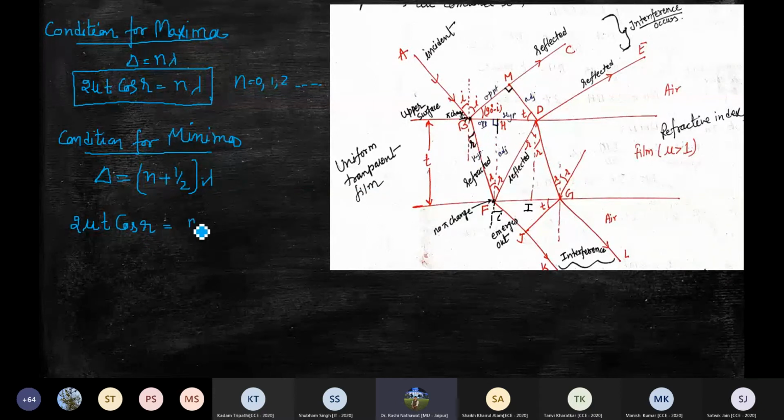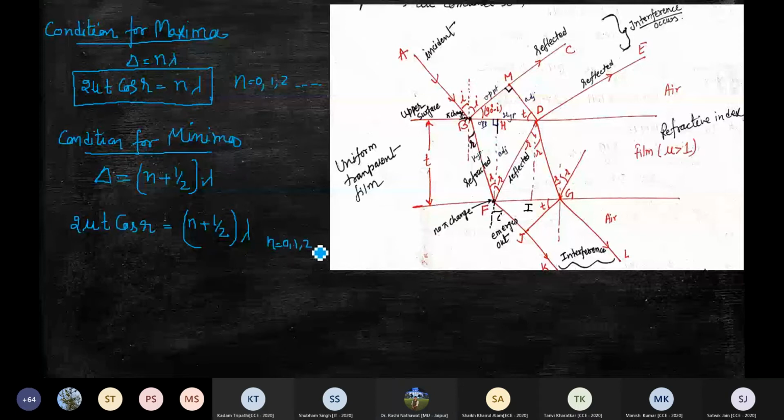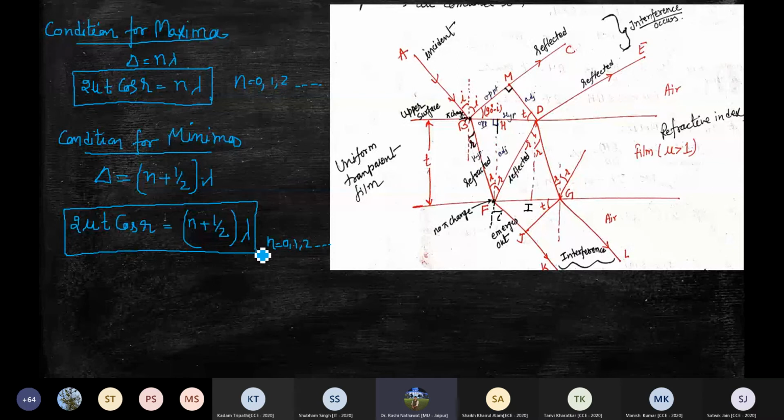Otherwise, you will get confused because there are so many conditions that will come later on. अगर आपने एक भी गलत कंडीशन लगा दिया तो आपका पूरा न्यूमेरिकल गलत हो जाएगा. So you can see thus the condition for interference with transmitted light. Interference for transmitted light are obviously opposite to the reflected light.